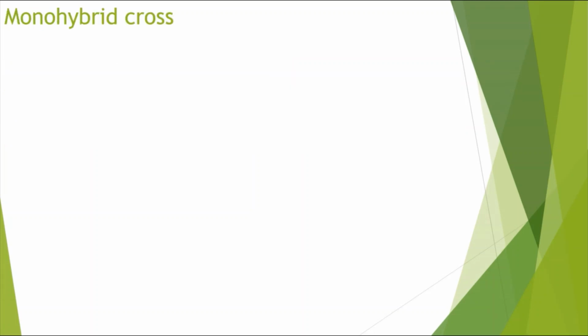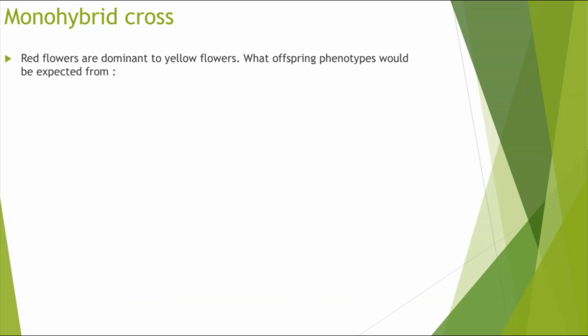Just looking at a monohybrid cross, this might just be a recap from GCSE. Looking at an example, we've been told that red flowers are dominant to yellow flowers. So we can start to look at the genotypes of each. For a red flower, I would require either a capital R and a capital R, or a capital R and a lowercase r, because remember, dominant will always be expressed.